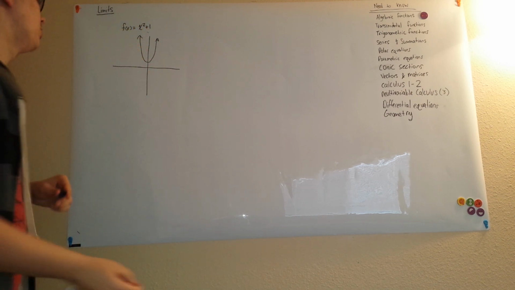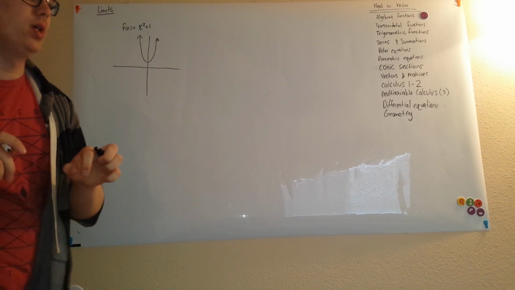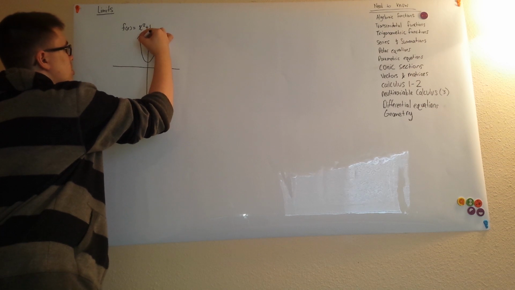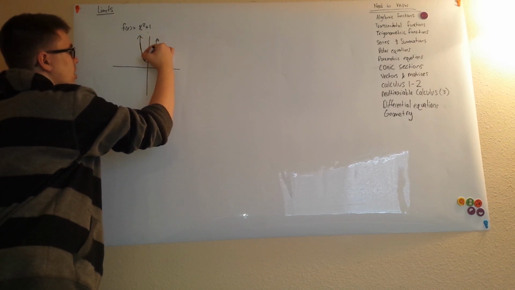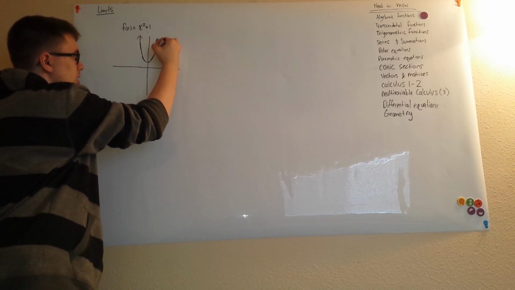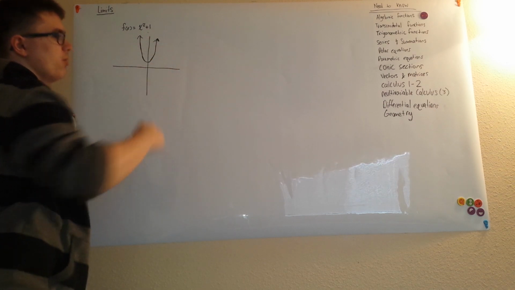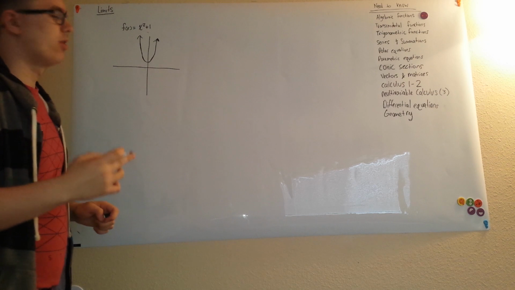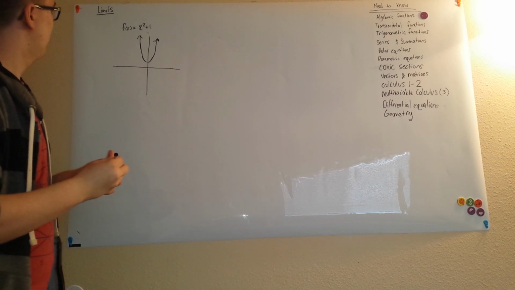And the way to check for fishiness, or we call it discontinuity, is you basically trace the function, and if there's some moment where you have to take your pen or pencil out while graphing it, obviously something's wrong with it.